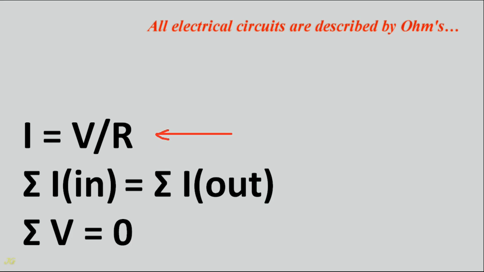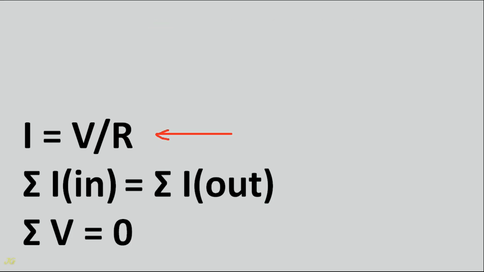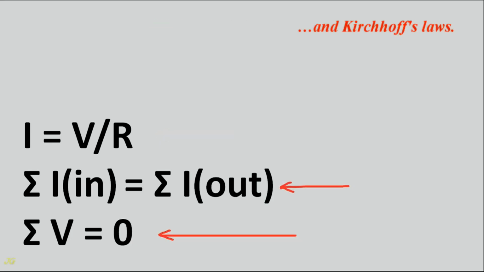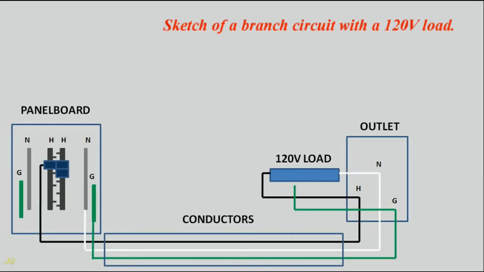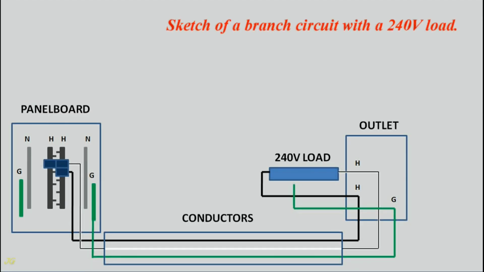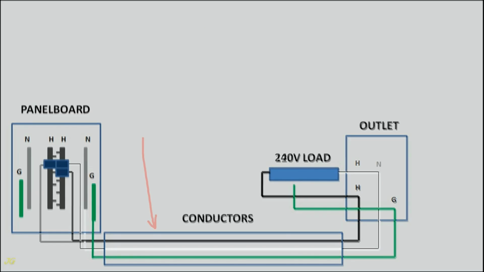All electrical circuits are described by Ohm's and Kirchhoff's laws. Sketch of a branch circuit with a 120 volts load. Sketch of a branch circuit with a 240 volts load.